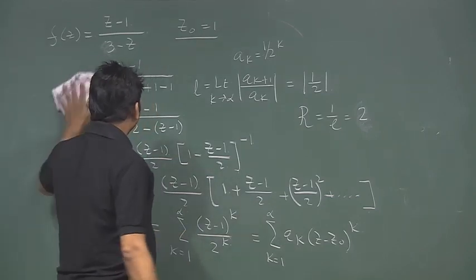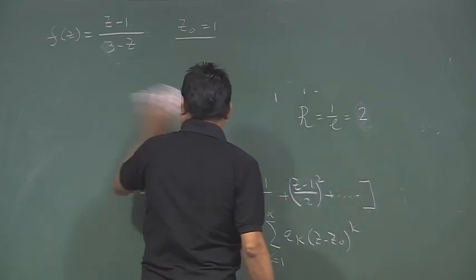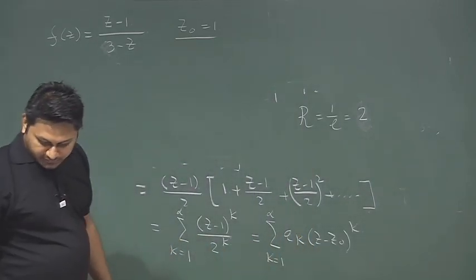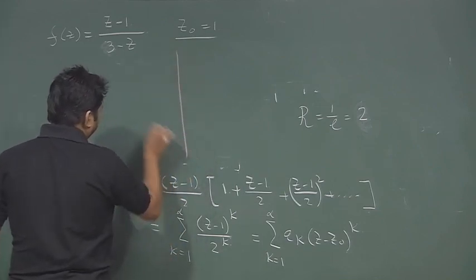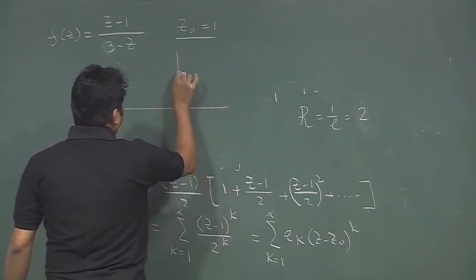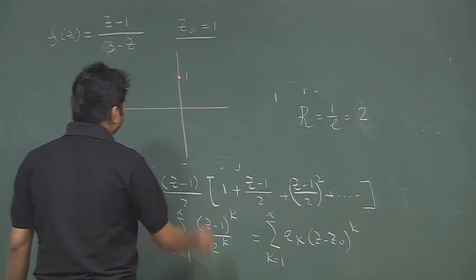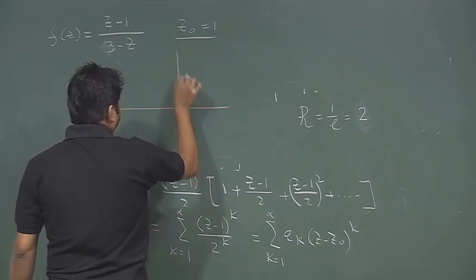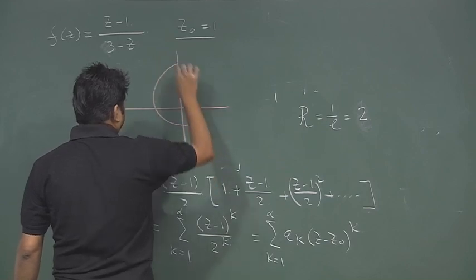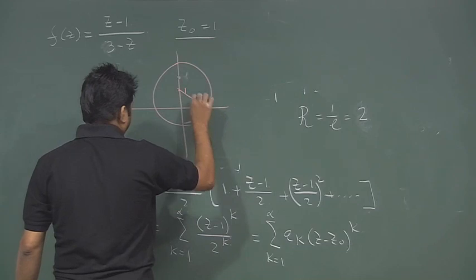So, if I now try to find out where it should converge, what is the region: this point is 1, if I take a circle of radius 2 around it, then I will have something like this.